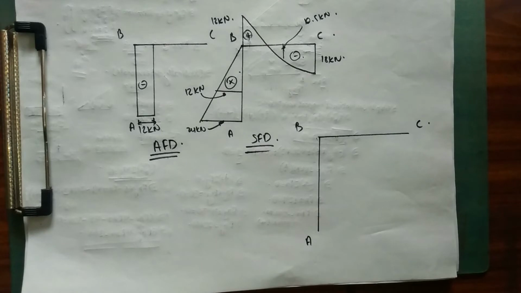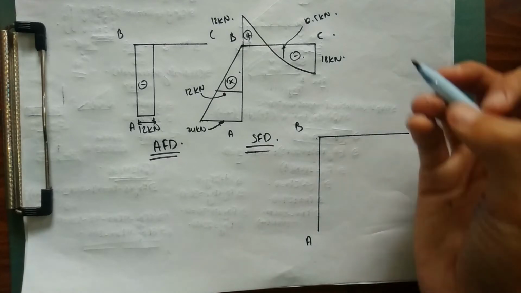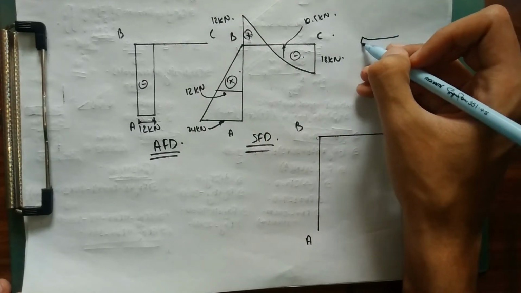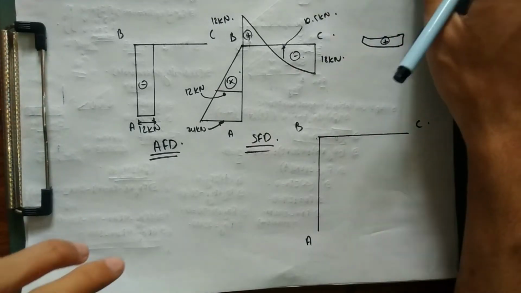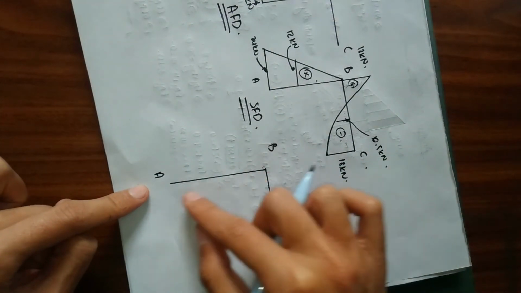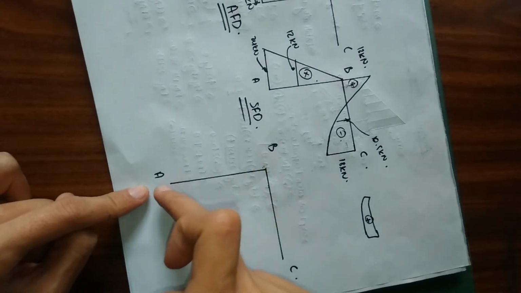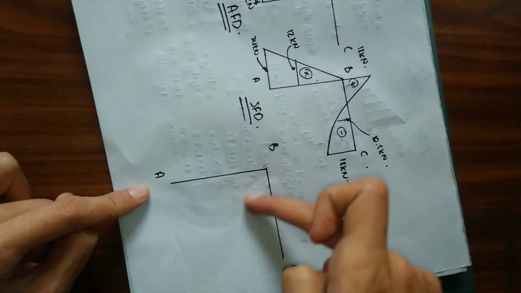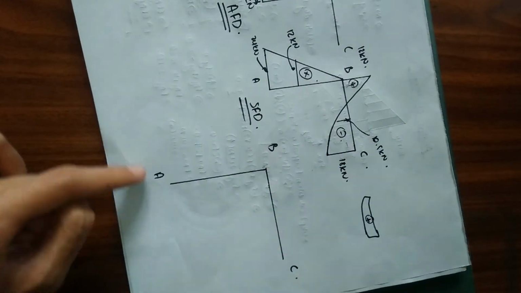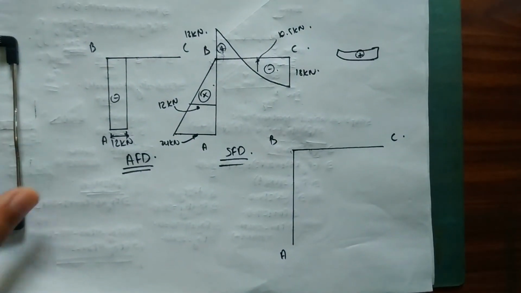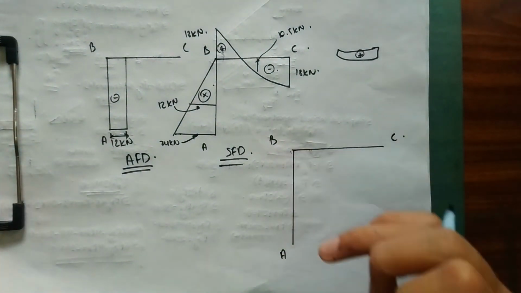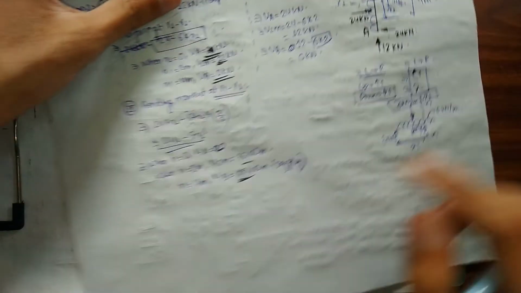It is the same concept of sagging and hogging, as I explained before. Sagging, which means downward, is positive. So which means if our beam moves downward, it is positive. Using the concept of sagging and hogging, we are going to show our bending moment downward. So we have our bending moment as 0.3648.